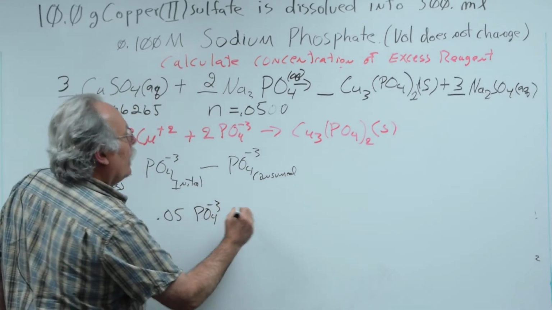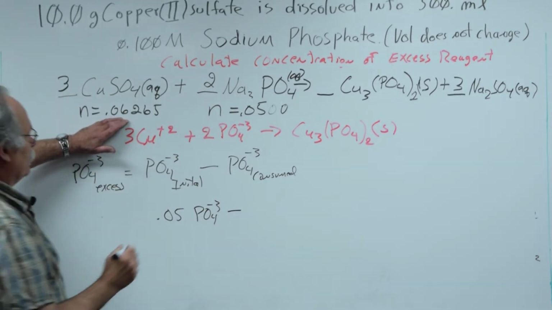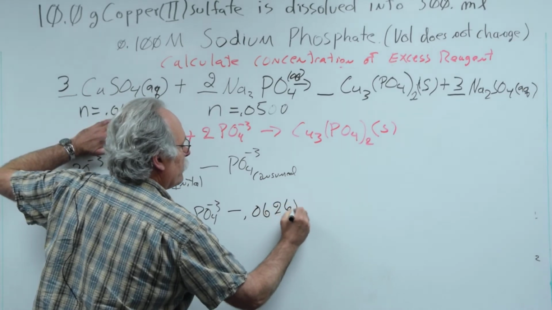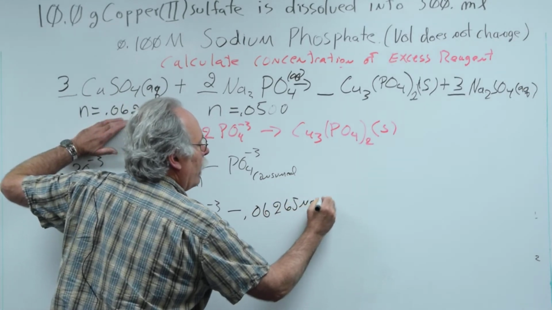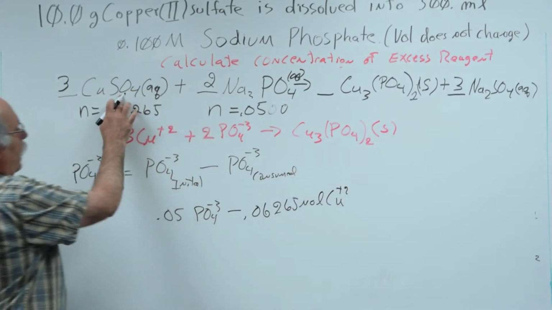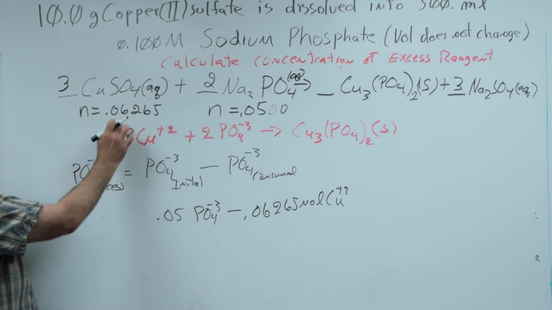We then consumed, we had 0.06265 moles of copper. And we had that many moles of copper because 1 mole of copper sulfate has 1 mole of copper and 1 mole of sulfate.